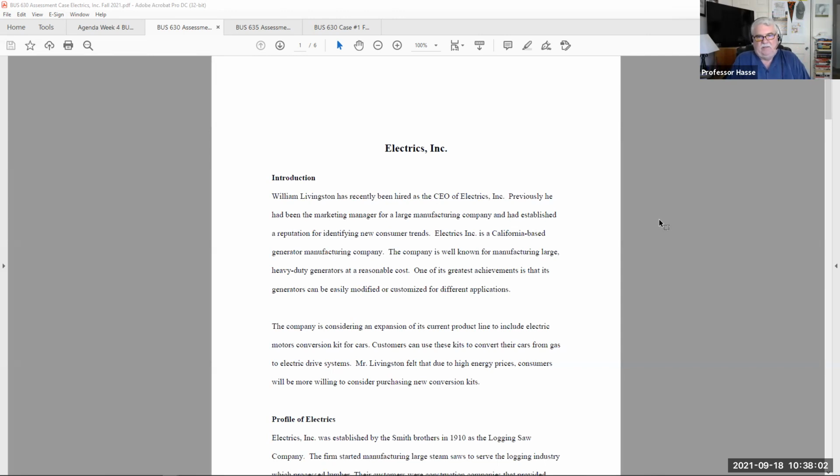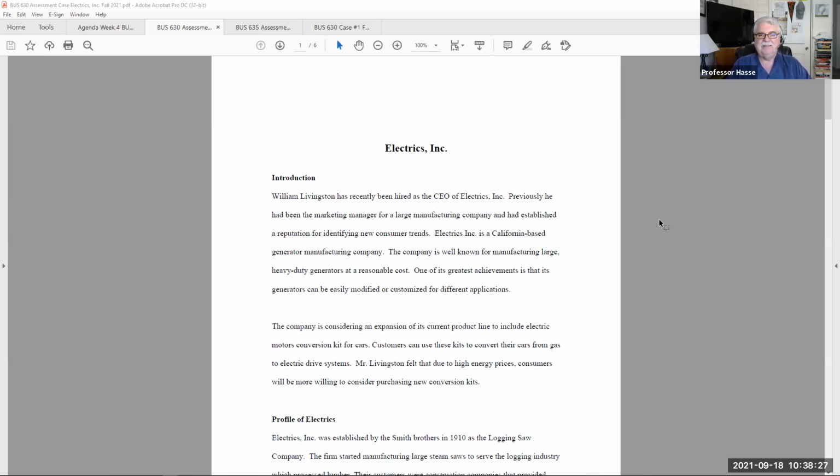Basically, it's a company that wants to change their strategic planning of their business, go into a new product area. And your job as a reviewer, and you could say you're a consultant to this electric company, is to advise them on, A, is the market right, and is this a good time to do this change in strategy? And what's the change in strategy?